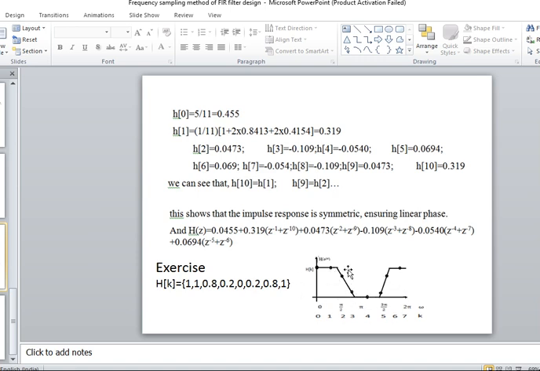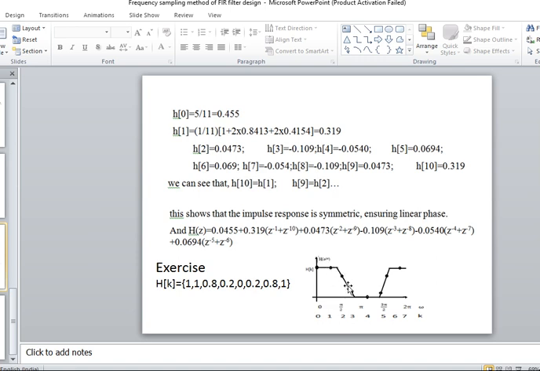Now the procedure is again the same. You have to sample the frequency axis. In this case, we are taking 8 samples, so you have to take it from 0 to 7 and evaluate for 0, 1, 2.